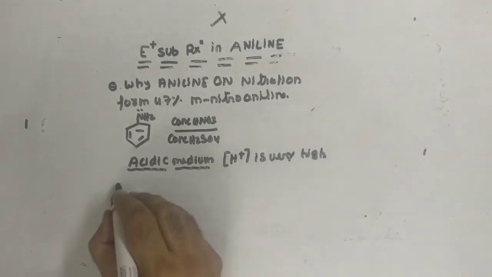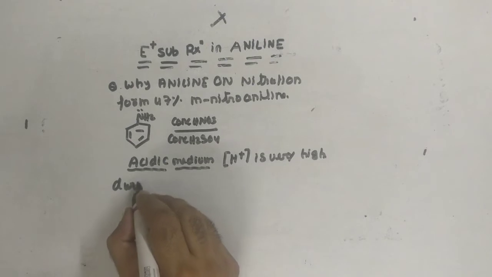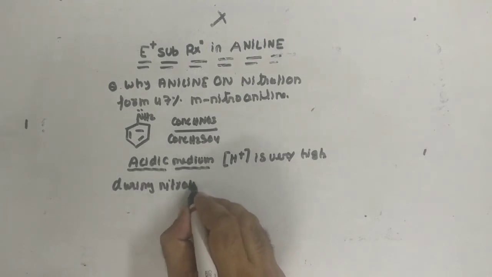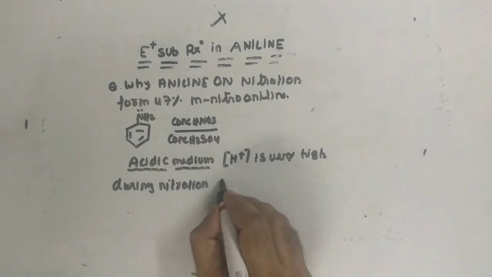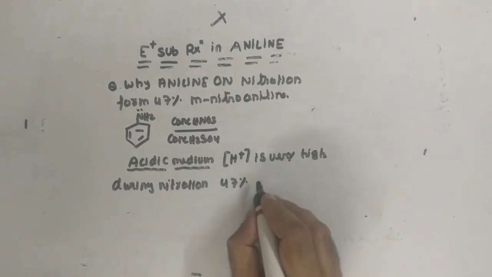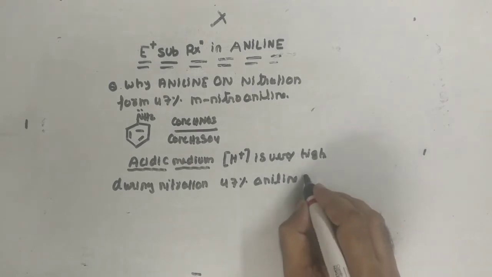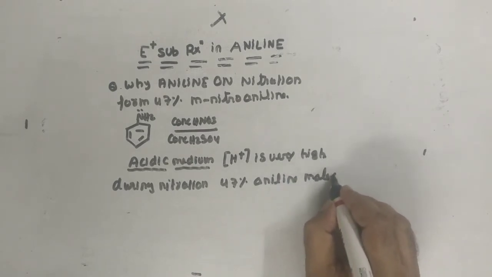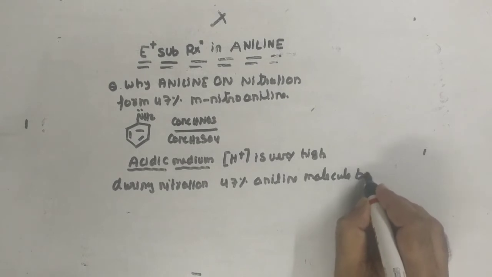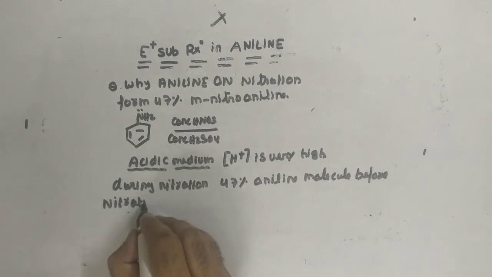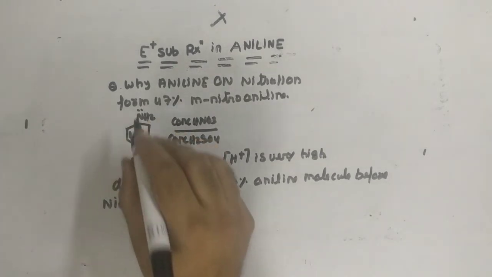So what happens is during nitration, there is a probability that 47% of aniline molecules, before they undergo nitration, are going to accept H plus because of the lone pair of electrons on nitrogen.